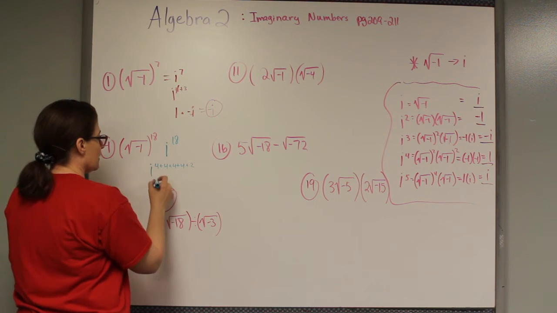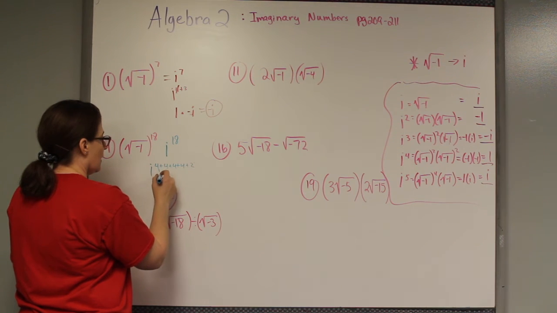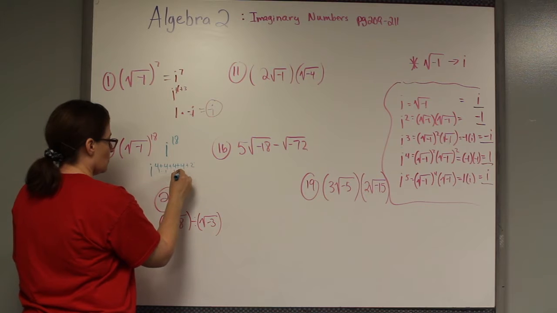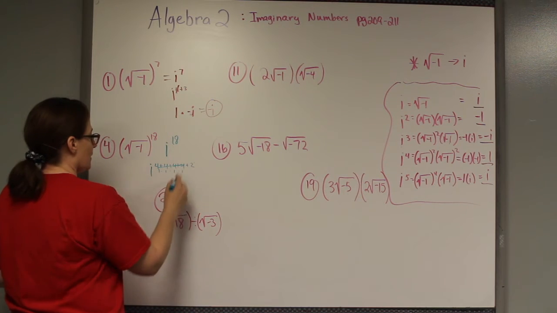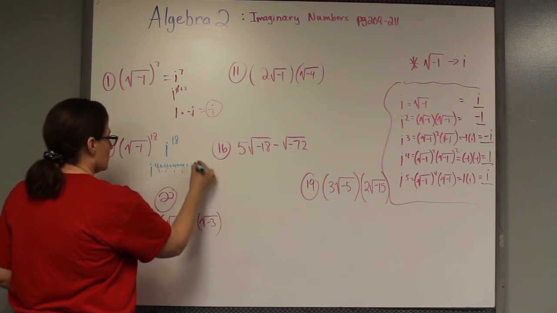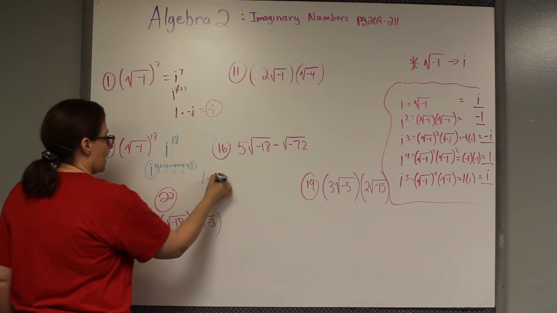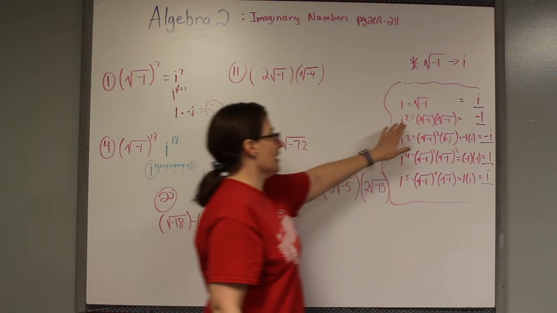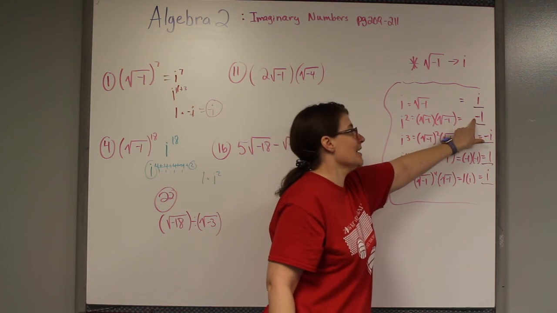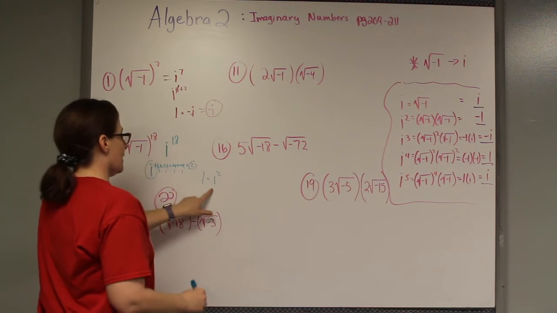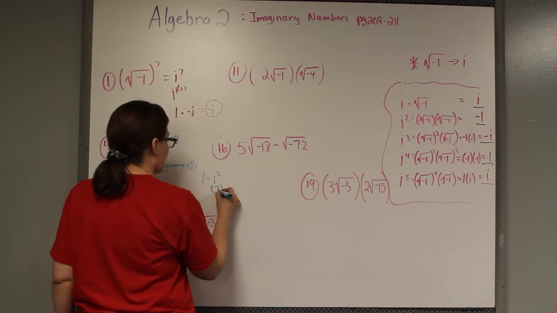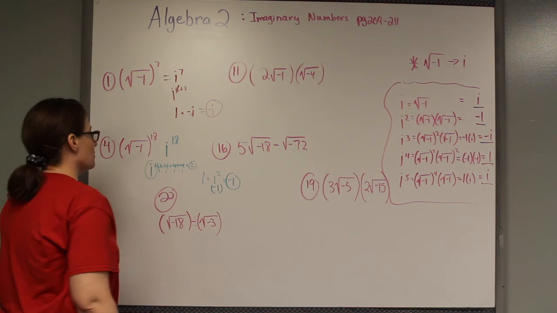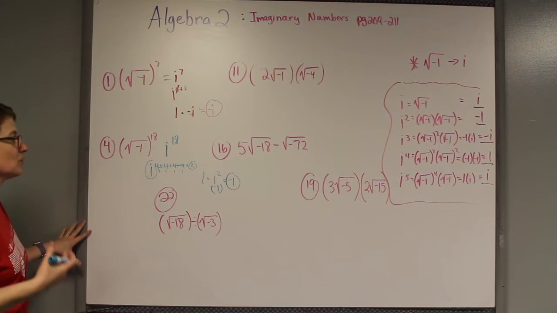So simply put, this would be a 1 times a 1 times a 1 times a 1. So that all would be 1 times whatever I have left, which is I squared. I squared is -1. 1 times -1 is just -1, and that is my answer to the square root of -1 to the 18th.